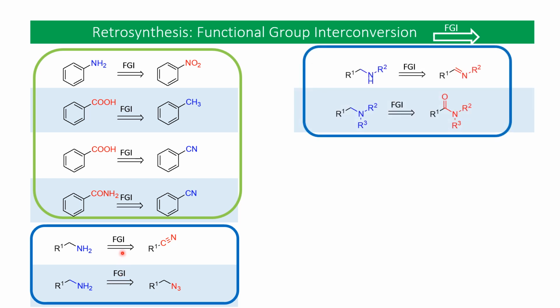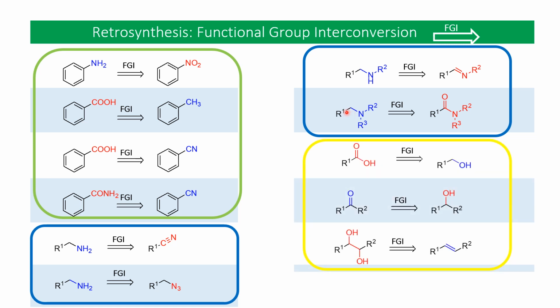If you look further, having an imine will give you a secondary amine. And of course, you can see here that we have a tertiary amide. A tertiary amide reduction, for example with lithium aluminum hydride, would generate this tertiary amine.